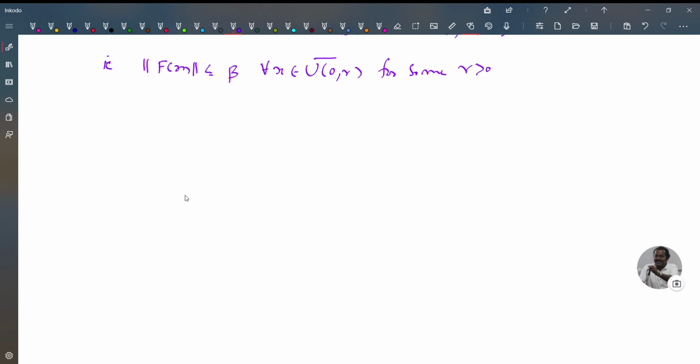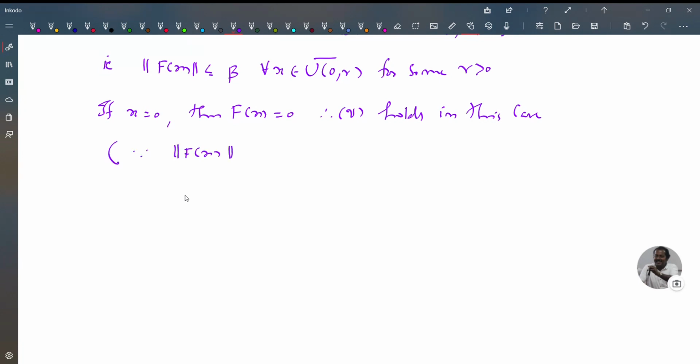If x equal to 0, then f(x) is equal to 0. Therefore, 5 holds in this case, since norm f(x) is norm 0, that is equal to alpha times norm 0, that is equal to alpha times norm x, alpha greater than 0.